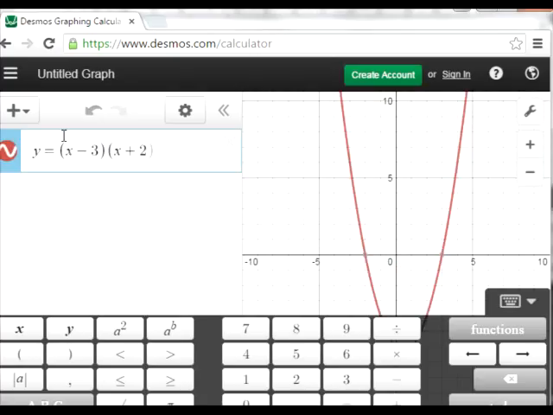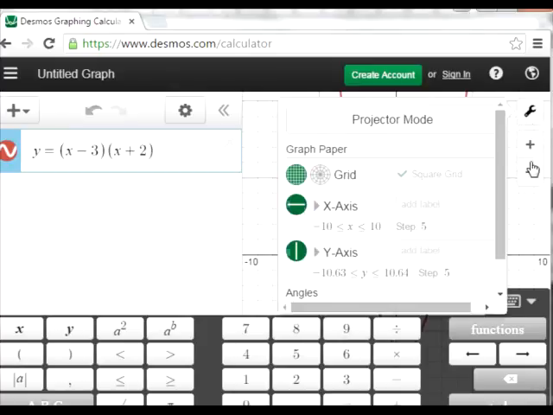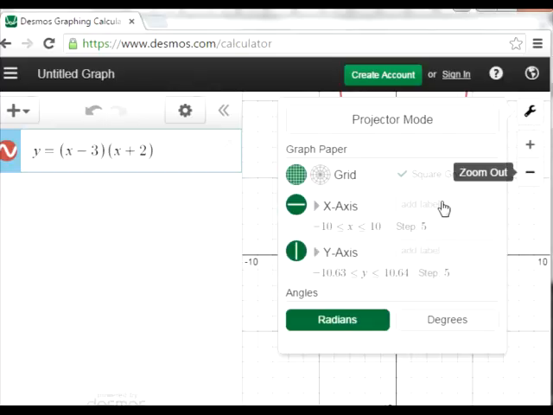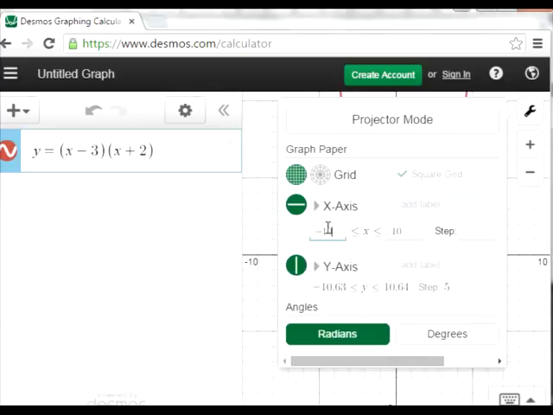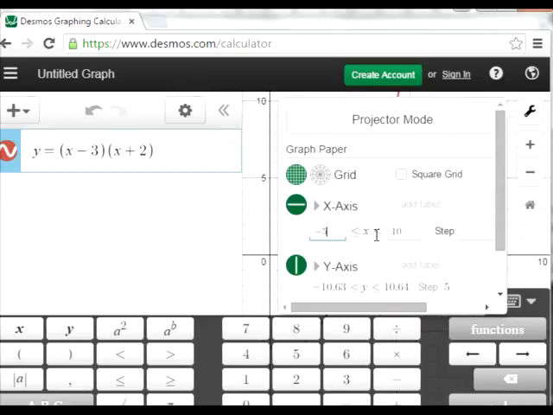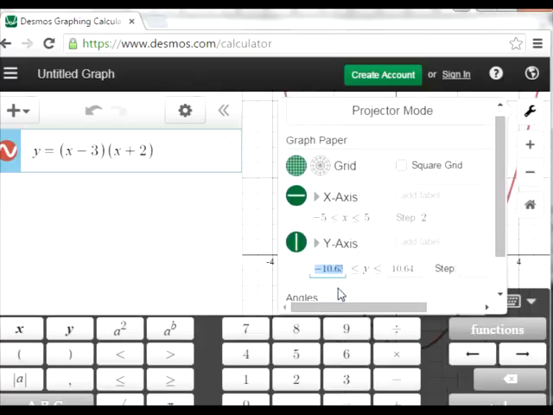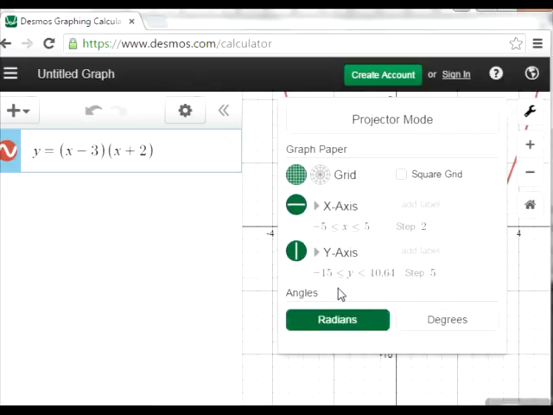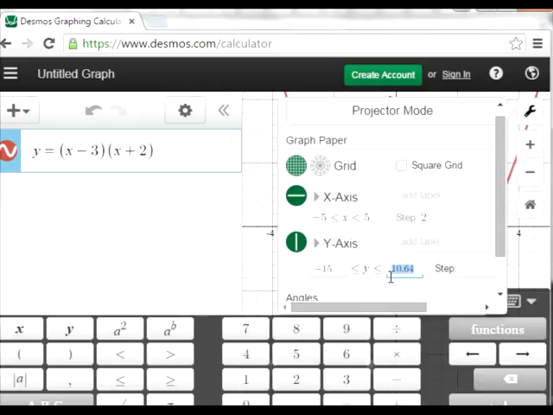So what I want you to do here, if I can find my settings here, x will go from maybe about -5 to 5, and y will go from maybe, I don't know, -15 to 1. Hopefully that's okay.